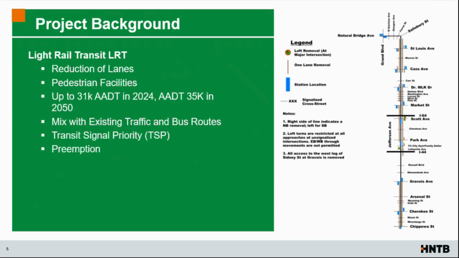So in putting the light rail down this corridor, the impacts to traffic, the main impact is really a reduction in lanes. So a lot of this corridor is at least 4 lanes wide today, some areas 6. And so in general, we're taking a lane and giving it to light rail traffic. So we needed to look at the impacts of that to general traffic.